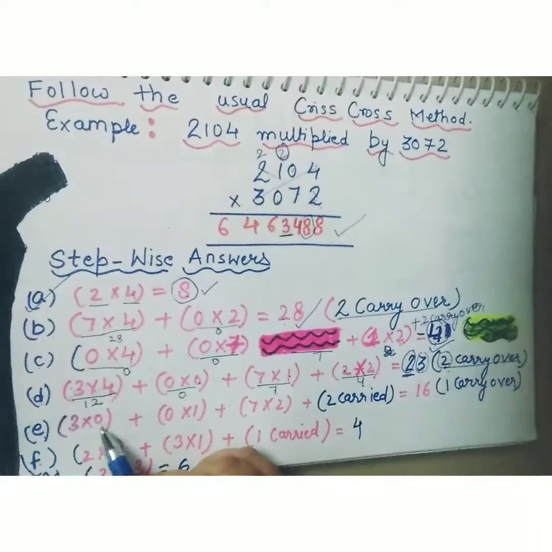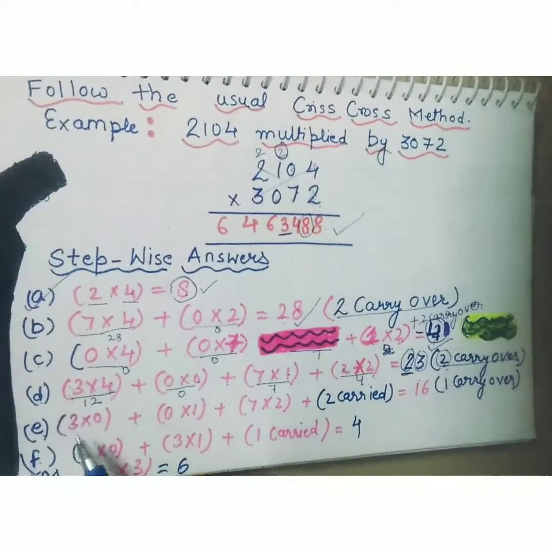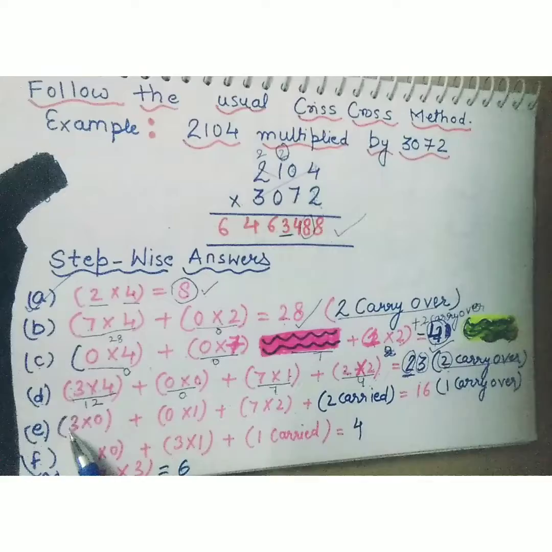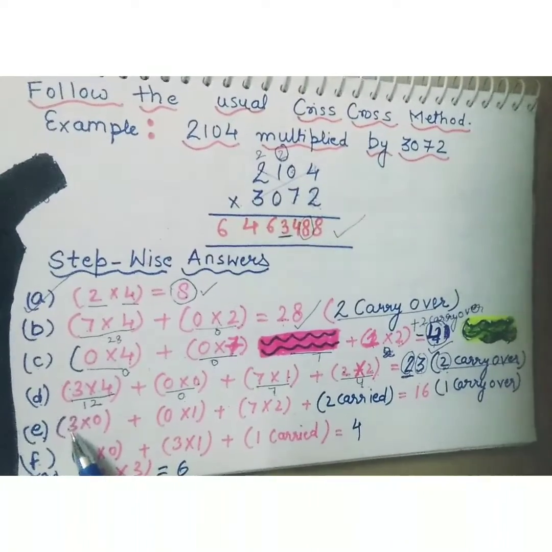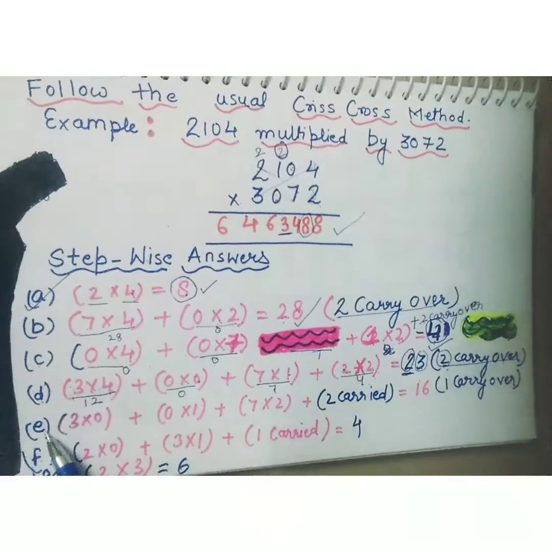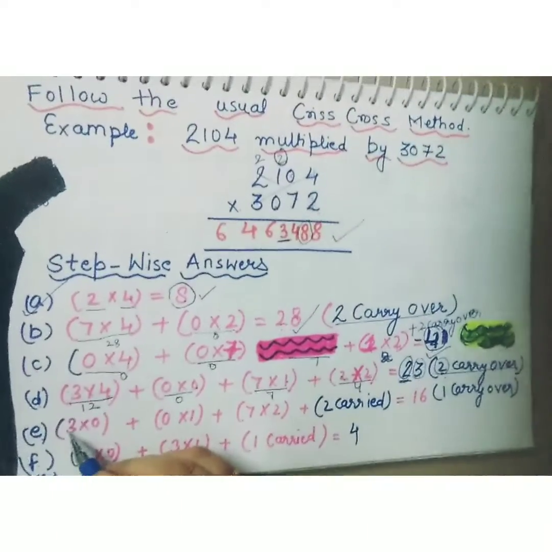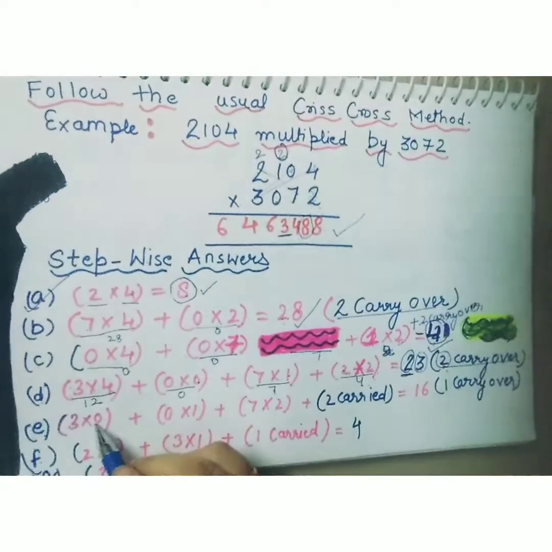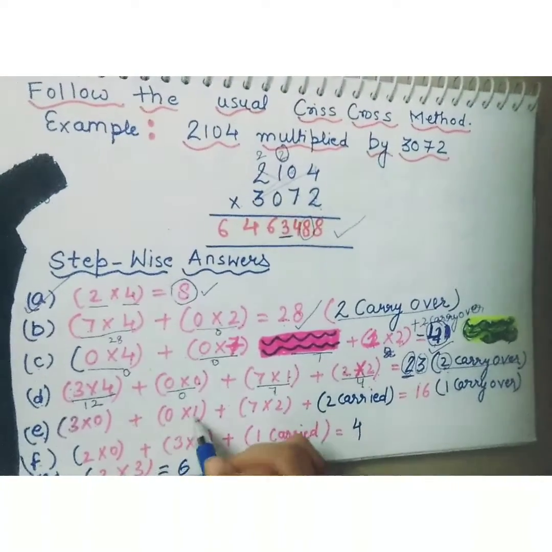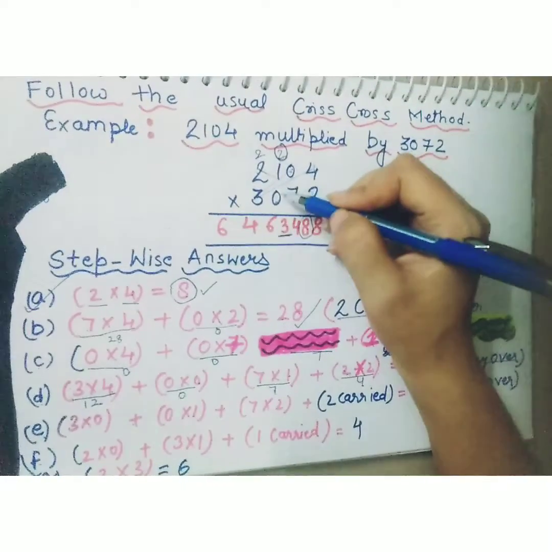So step 5 comes out to be, again we will use the same I cross I method. In this method, in step 5, I have written 3 into 0, 3 into 0 plus 0 into 1.